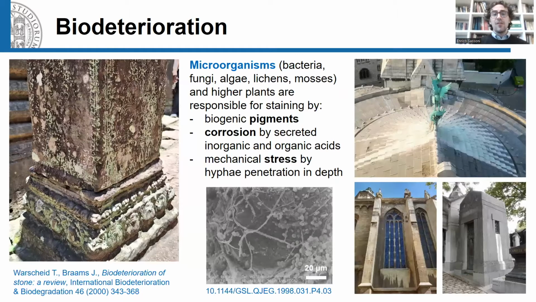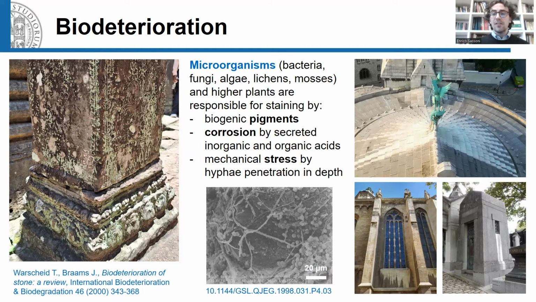Finally, a type of deterioration that again can affect virtually all types of stone is biodeterioration caused by microorganisms such as bacteria, fungi, lichens, and so on. This causes several types of damage in terms of aesthetic alteration of the stone, as well as chemical corrosion because of acids secreted by the organisms, but also mechanical stress caused by penetration of these organisms in depth.